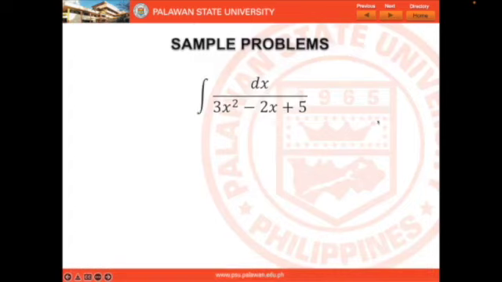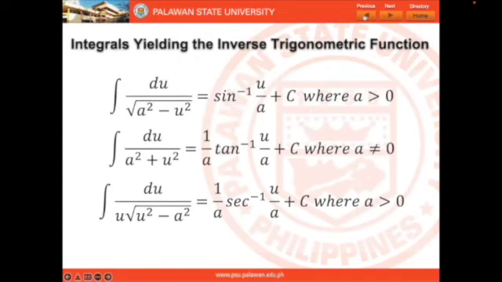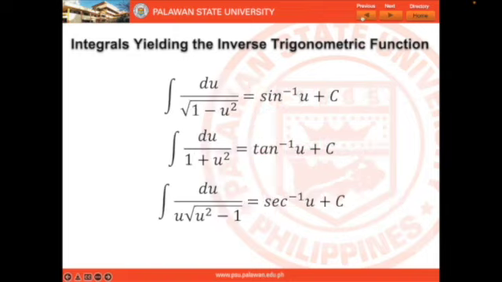Okay, this one is a particularly tricky one, but as you can see, we don't have any radical signs in there. So if we go back to our theorems, we cannot really use this one because there is no constant here, it's just 1.